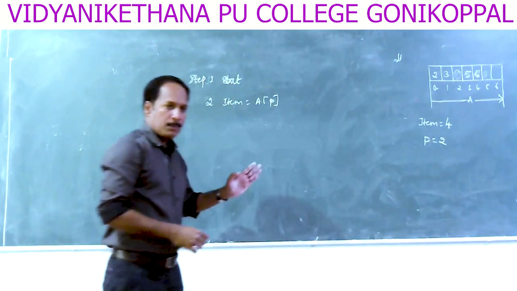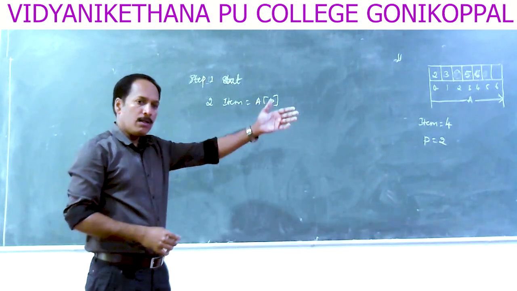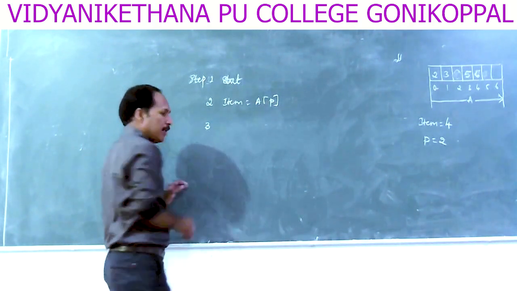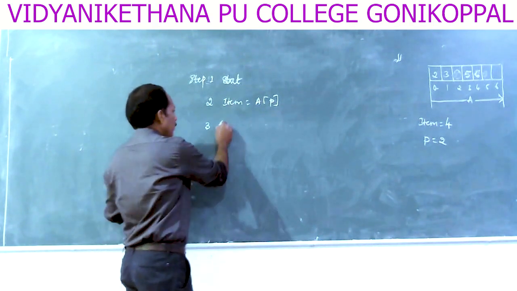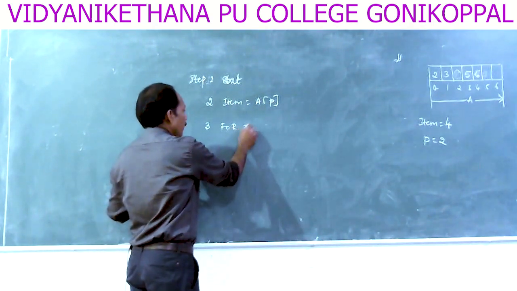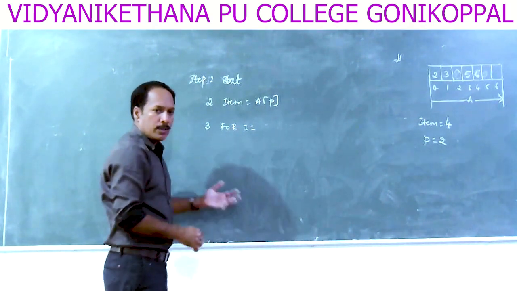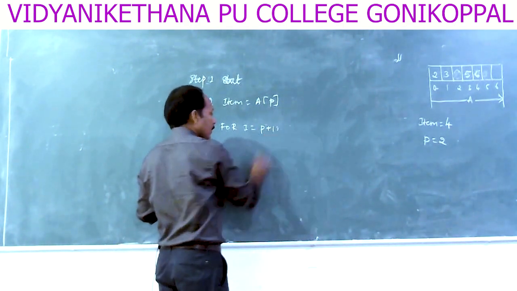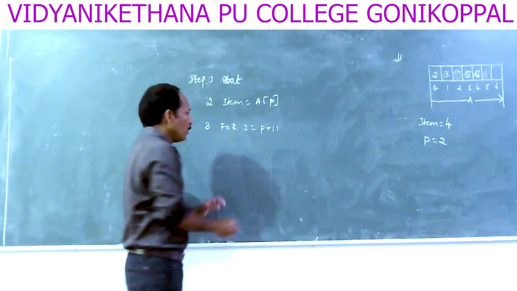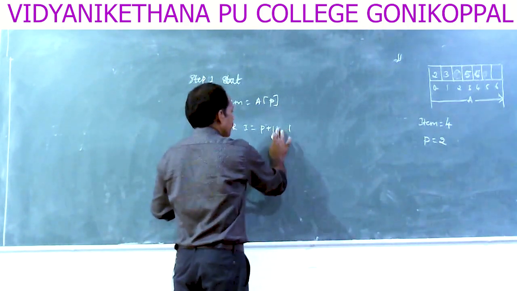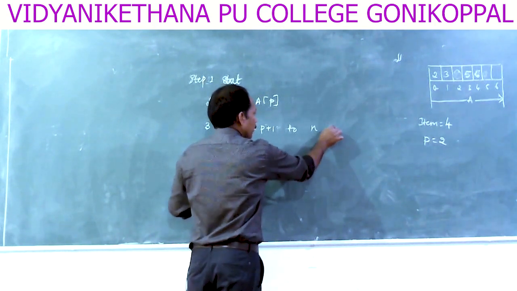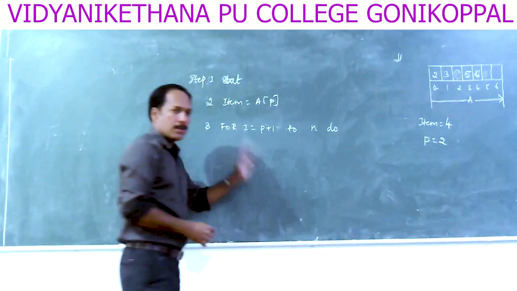From that position, the remaining elements are shifted to lower order. Therefore, here I use an increment loop. Start with for I equals P. P is already vacant, so don't consider P. Start I equals P plus 1, that is from the next position, to N. Do the following till the last element.